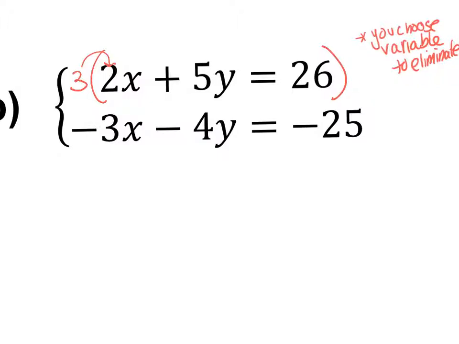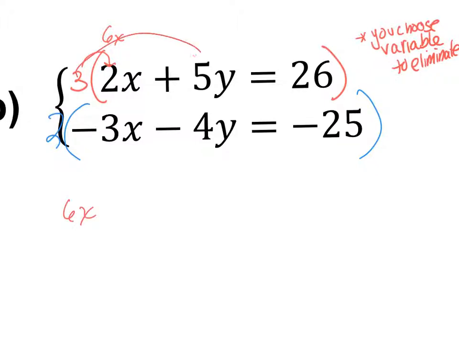So now I have to look at the bottom one and go, well, what do I need to multiply him by so that, just like this one gives you 6x for the first term, it would give me negative 6x. I would have to multiply by 2. That would give me negative 6x. So when you go ahead and distribute, and remember you do it to the whole equation, you get 3 times 2x is 6x.